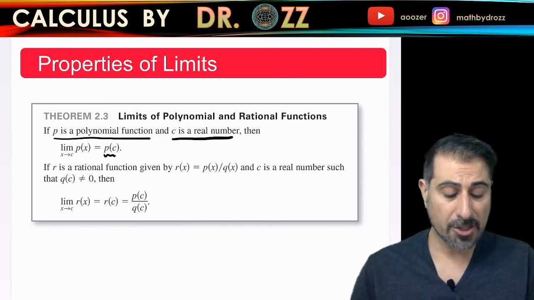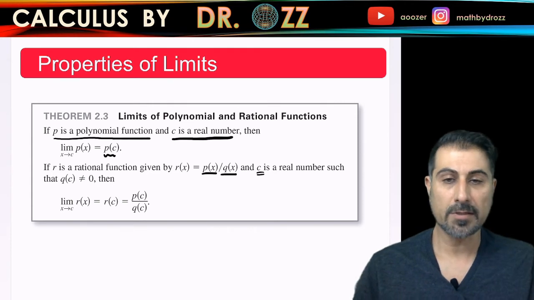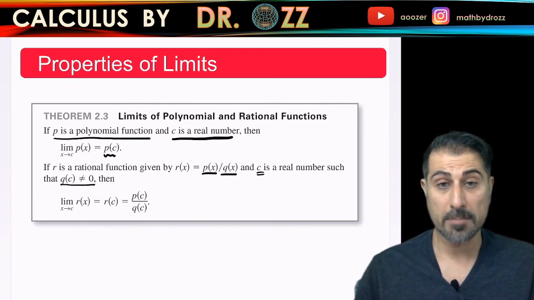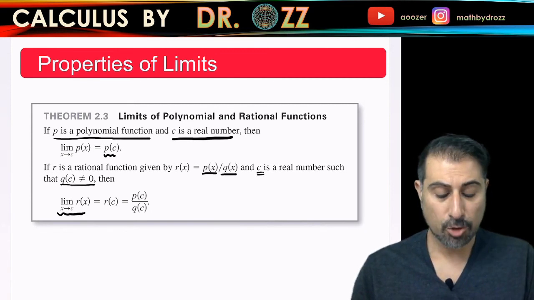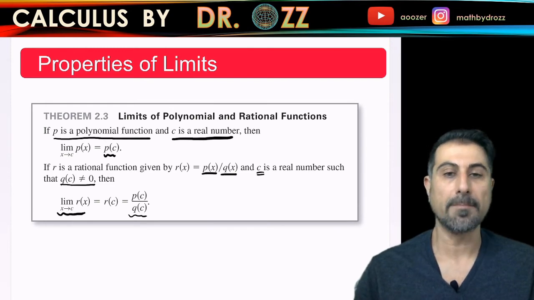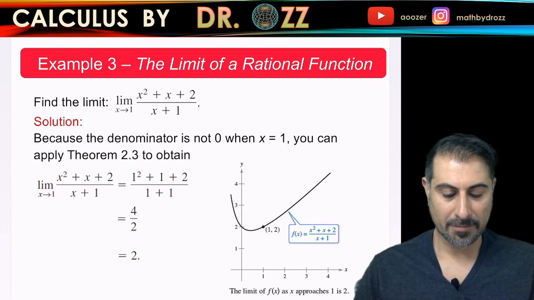Or if you have a rational function p over q, and let's say c is a real number and q at c is not equal to 0, so the bottom is not equal to 0 at x equals c. Then the limit of the rational function is found by direct substitution, which is p of c divided by q of c.